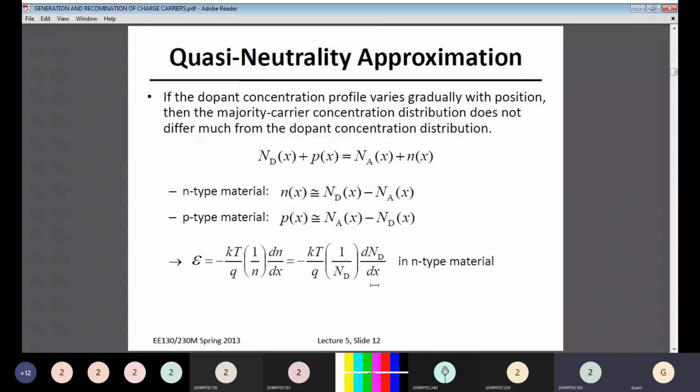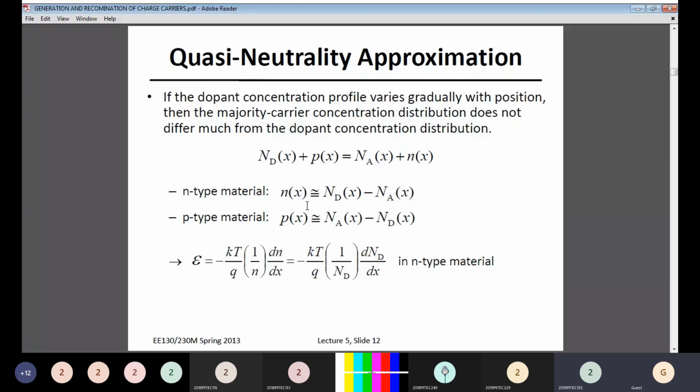Next, quasi-neutrality approximation. If the dopant concentration profile varies gradually with position, then the majority carrier concentration distribution does not differ much from the dopant concentration distribution. Nd of x plus P of x is equal to Na of x plus N of x.